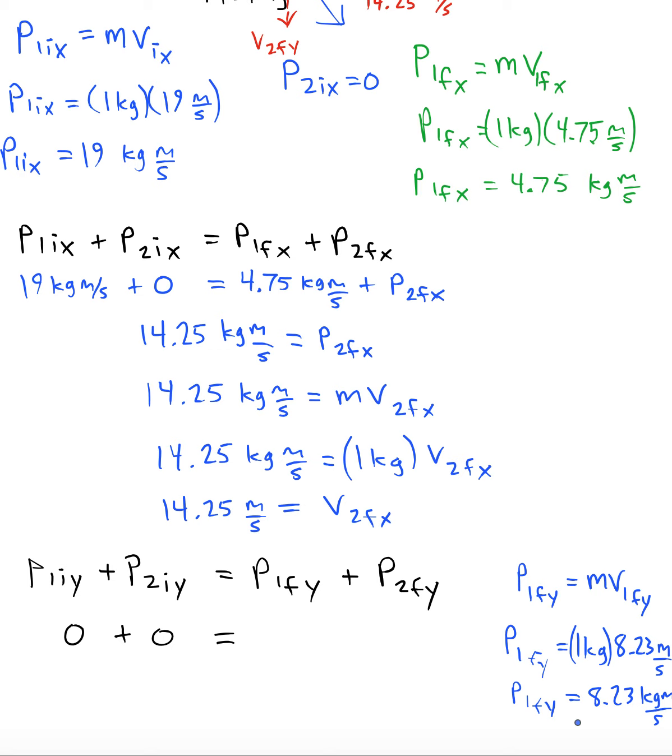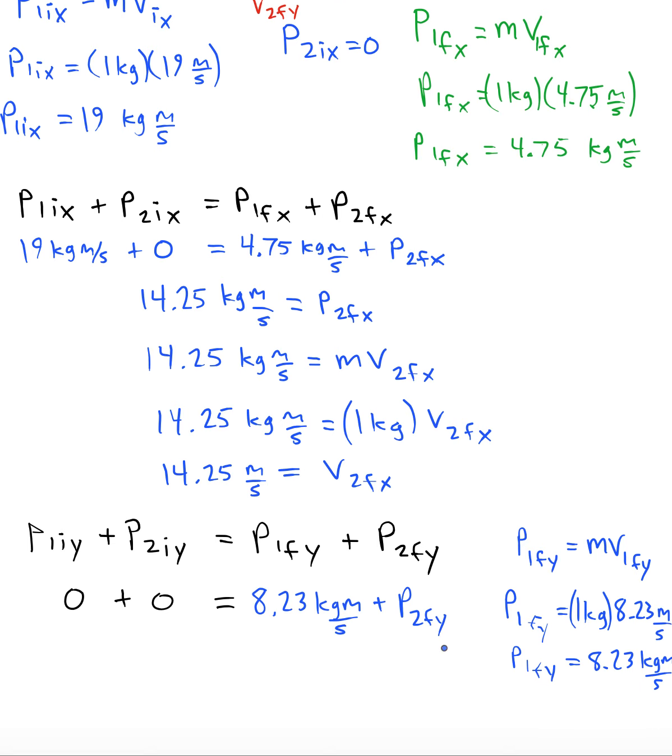I want to plug that in here. So we can see now that P2fy is going to be negative 8.23 kilogram meters per second.